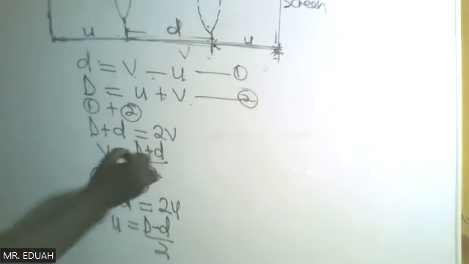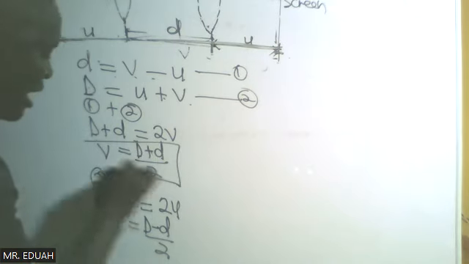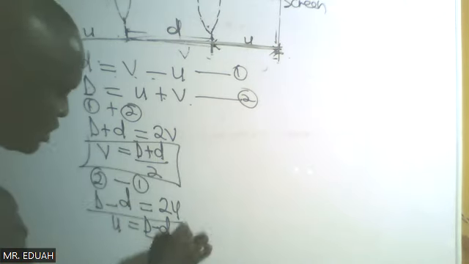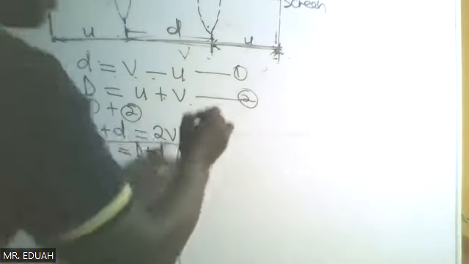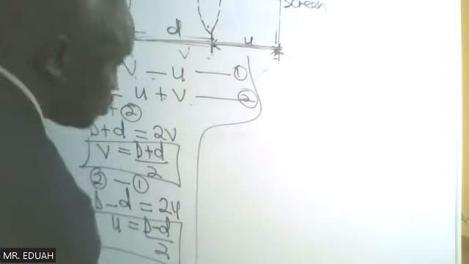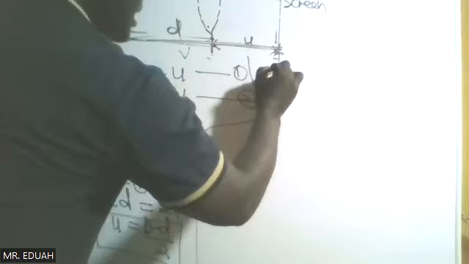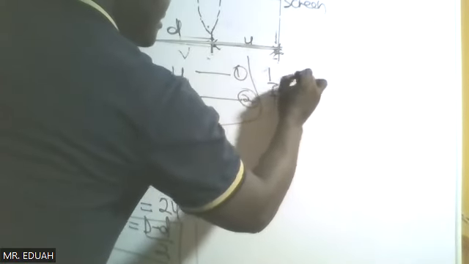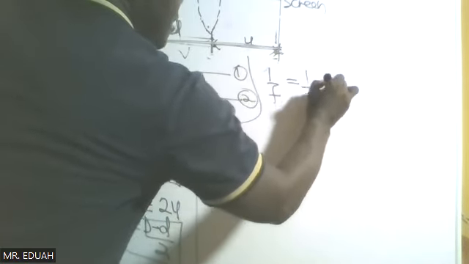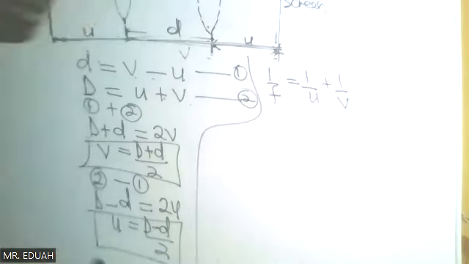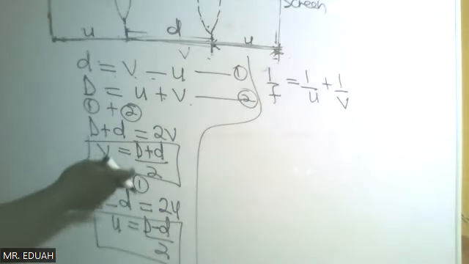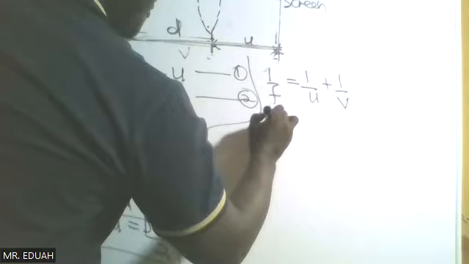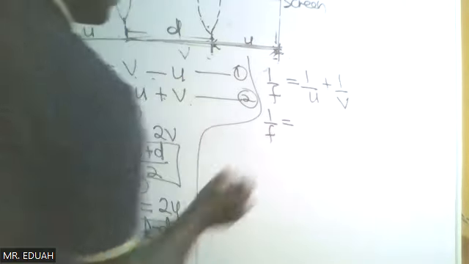Okay. Having had our formula or values for U and V, we substitute this into the lens formula. And this is what you learn. As for the proving, fine, if you understand it, it's a feather in your cap.